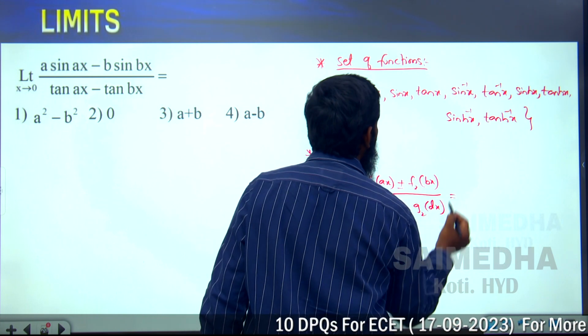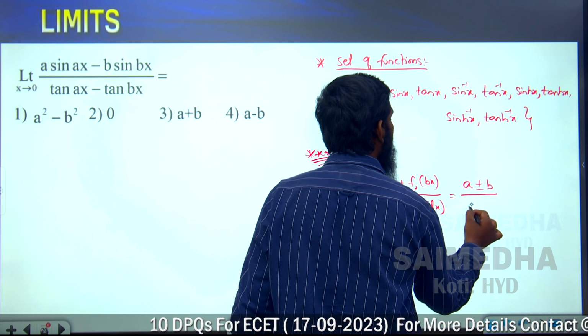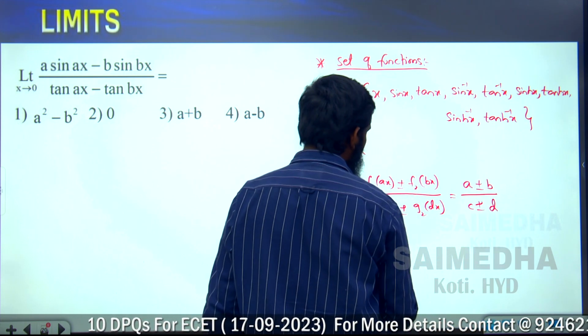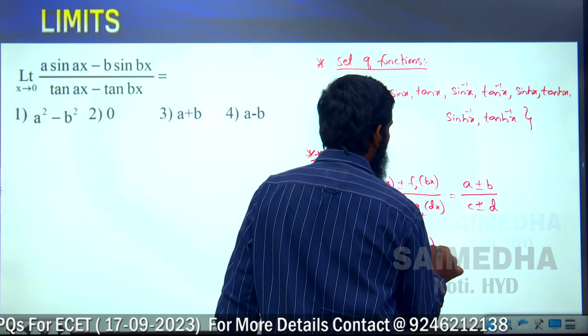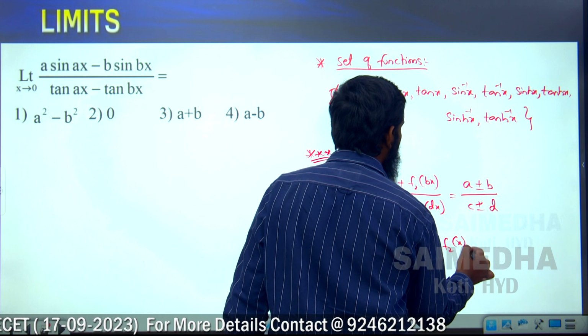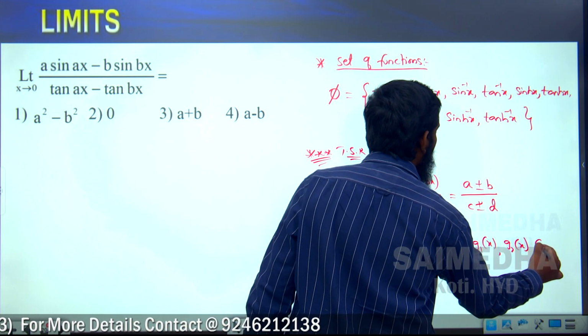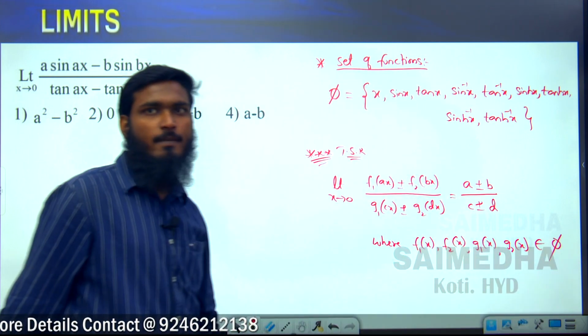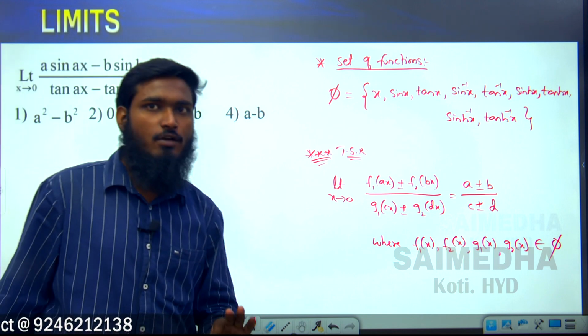This is equal to a plus or minus b divided by c plus or minus d. That's it. Here f1 of x, f2 of x, g1 of x and g2 of x belong to the set of functions. Each complete function should belong to the set of functions.